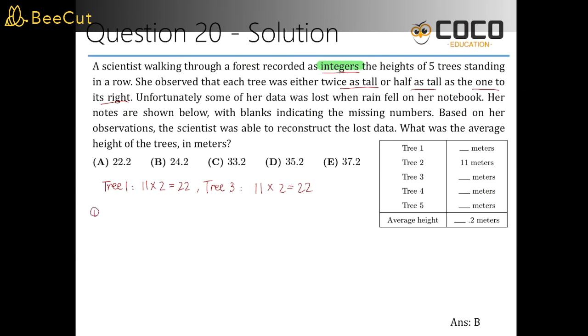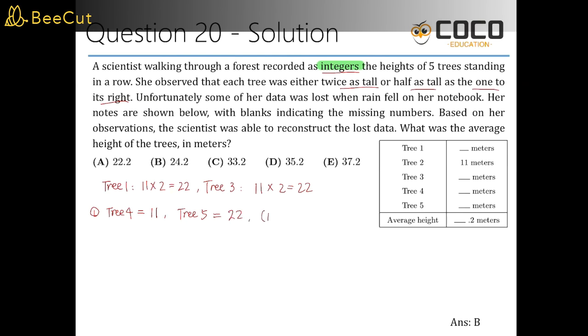So now for 4 and 5, there will be 3 possibilities. First one is tree 4 is half as tall as the third one. So 22 divided by 2 is 11. Tree 5 is twice as tall as tree 4. So 11 times 2, 22. So we find the average height here.